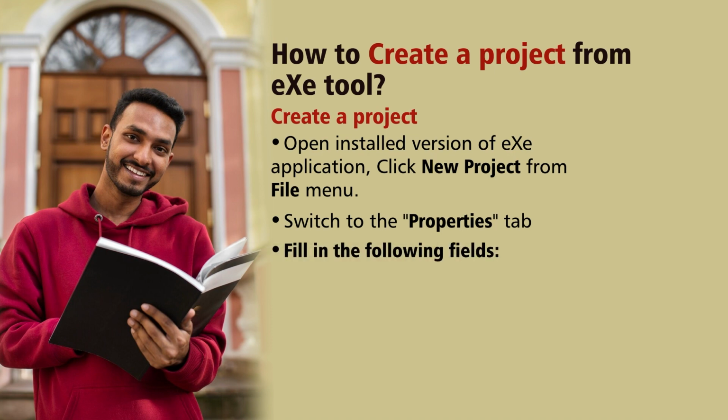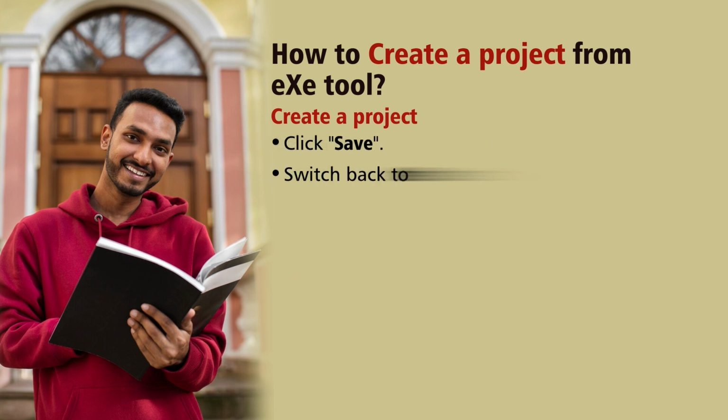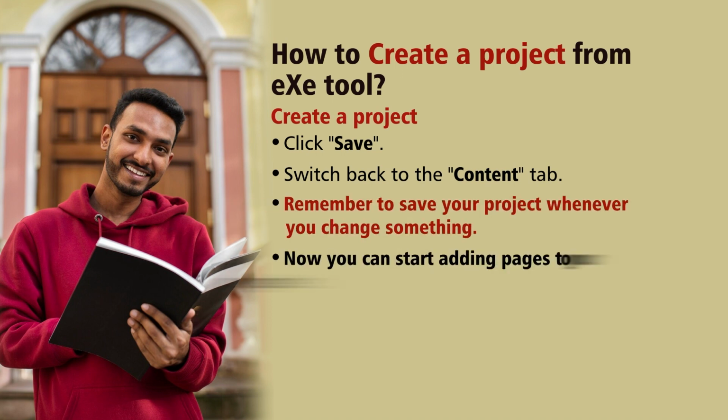You have to fill in the following fields: the title of your content, the language, a general description of approximately 150 characters, though it is not mandatory, the authorship details, and which type of license you want to provide. You can choose an OER license, a proprietary license, or you may want to just sell to a vendor. Choose accordingly. Click save, then switch back to the content tab. Remember to save your project whenever you change something, otherwise it will be lost.